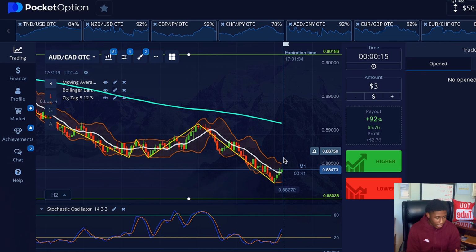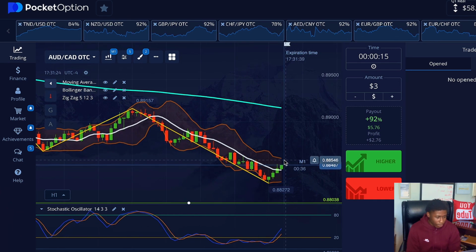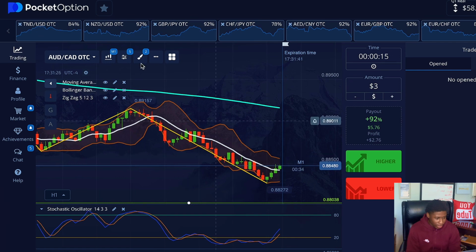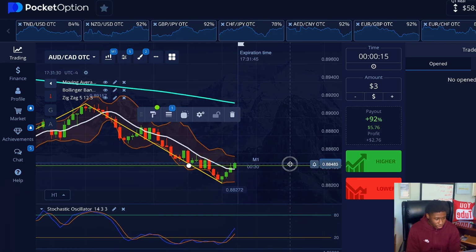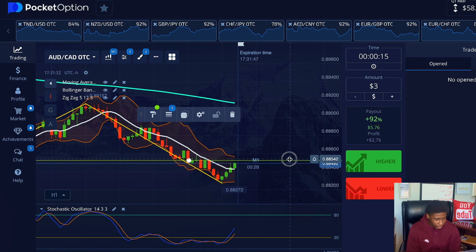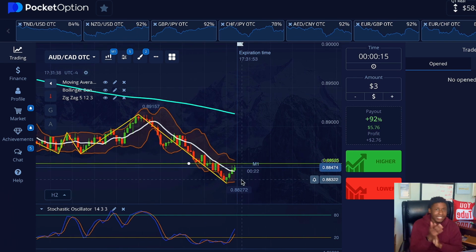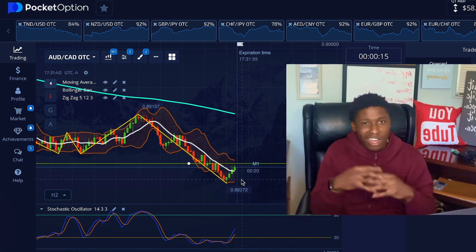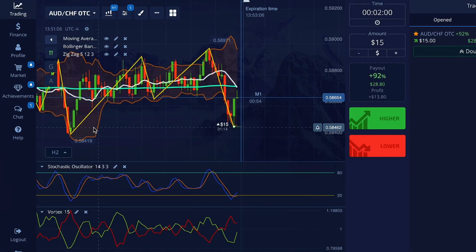Looking at the 1 minute, we could probably hit this top Bollinger Band up here before we come down, because if you get your horizontal line, you can see that we're trying to get back to this market area section right here. So that is the tip for how to get in on W's. As you can see, we have an M formation right here.